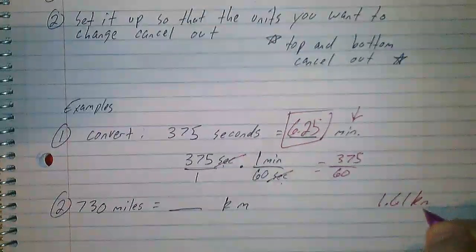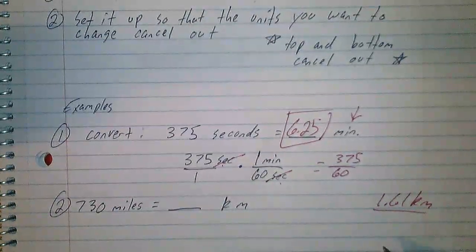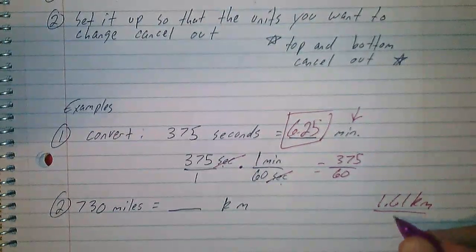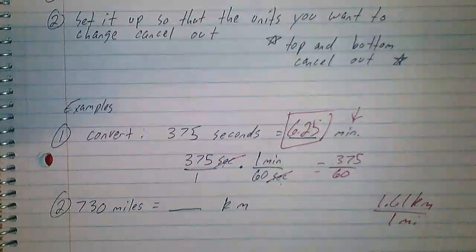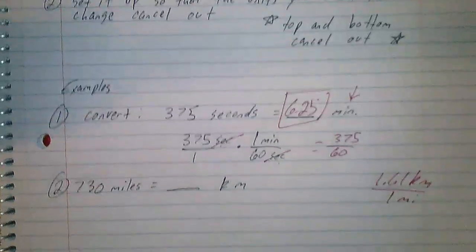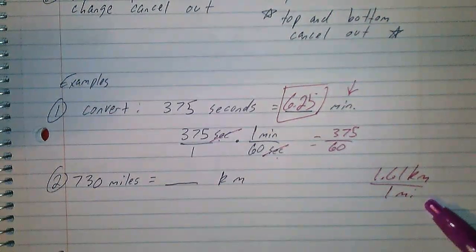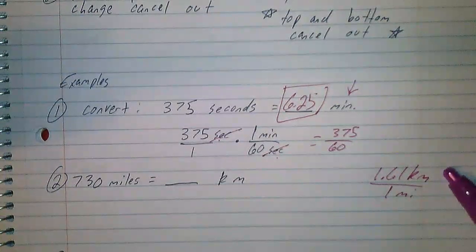We wouldn't expect you to know off the top of your mind here that 1.61 kilometers is about 1 mile. So this is some information you would get from your conversion chart, things like this. Converting the units we use here in America versus the metric system doesn't always come out to a nice, neat whole number.